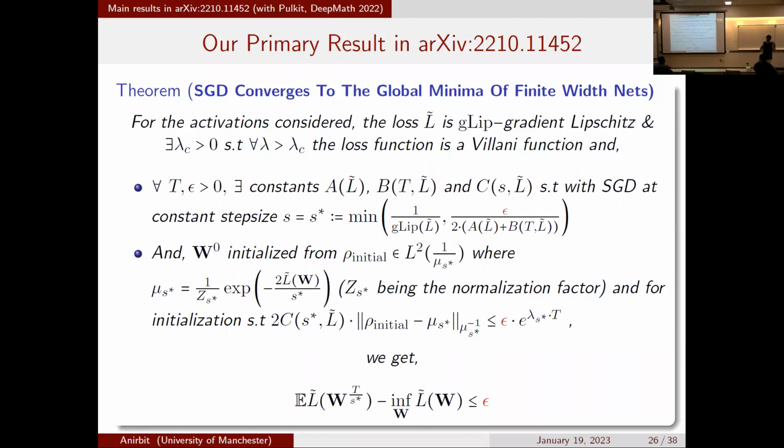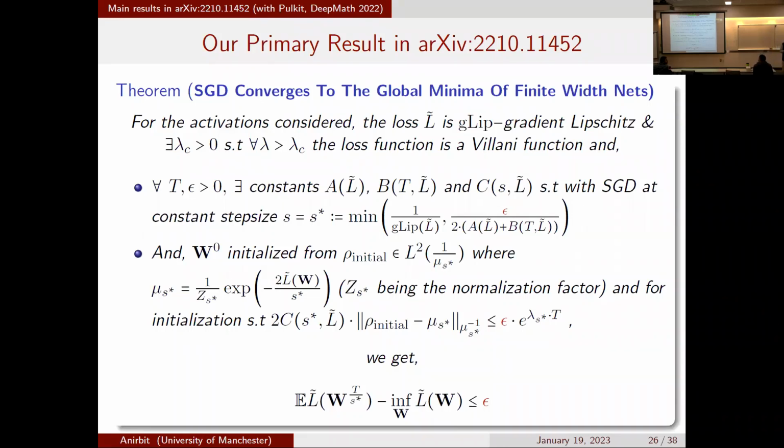So the larger the T, the more freedom you have in where you sample the initial weights from. But if you use a larger T, you have to wait longer to get to the global minima. So it's a trade-off between where you initialize and how long you take to get to the global minima. I think that's a very natural trade-off to end up with. If you sample closer to the Gibbs measure, you will get to the global minima sooner. If you sample farther, you will take a long time. It's a pretty natural trade-off, I would think.